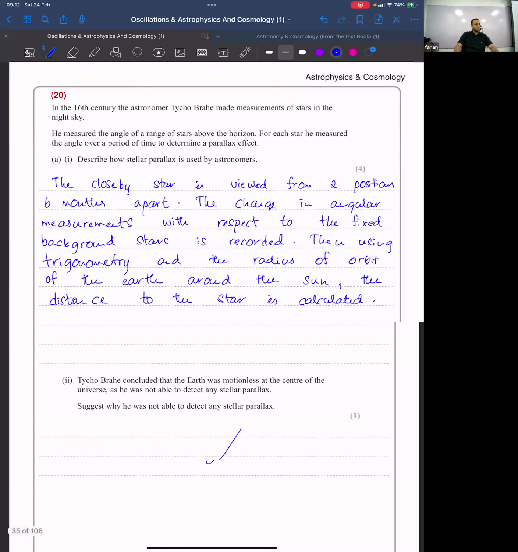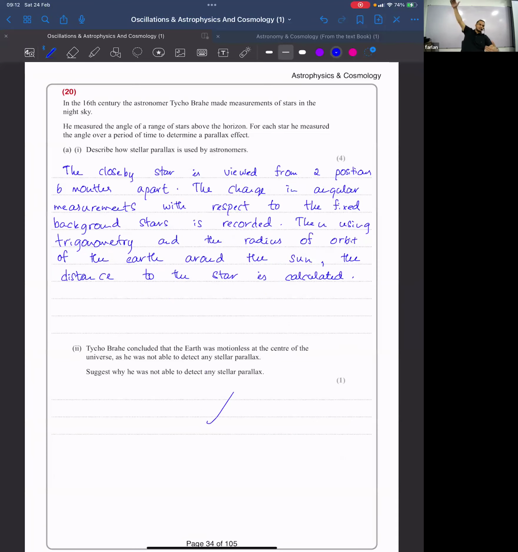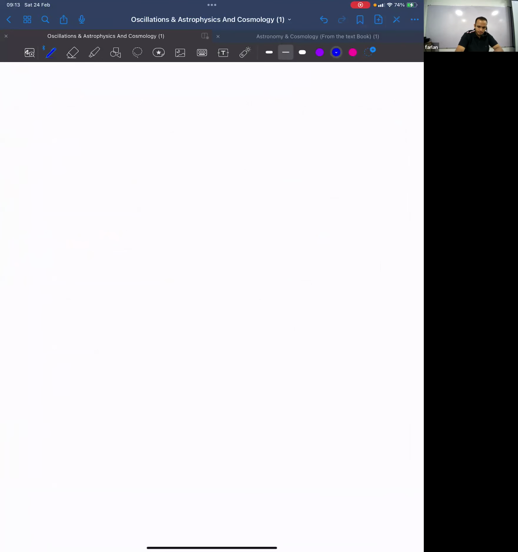Now, do you understand the point? If the stars are extremely far, that angle will be very, very small. Yes or no? I can give you a simple example like this. Now let's say this is the Earth, the Sun here, fixed star is here. Let's say the distant stars are here.